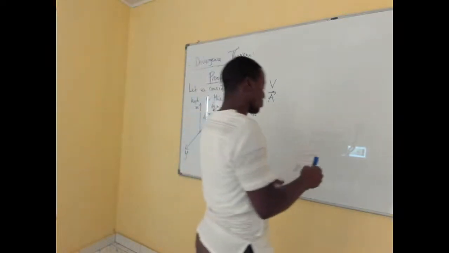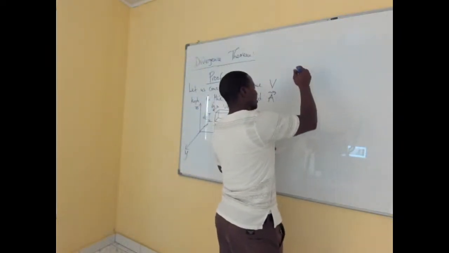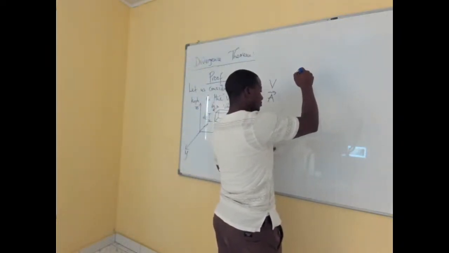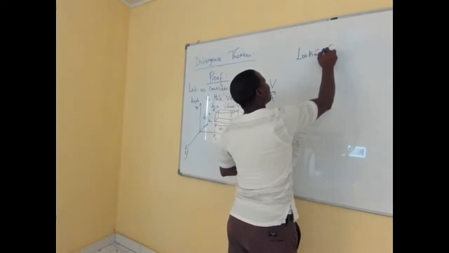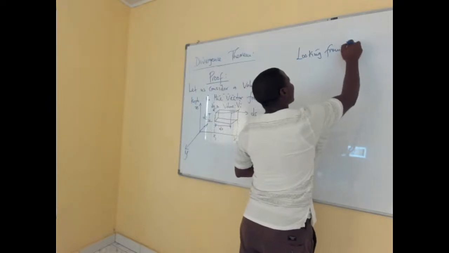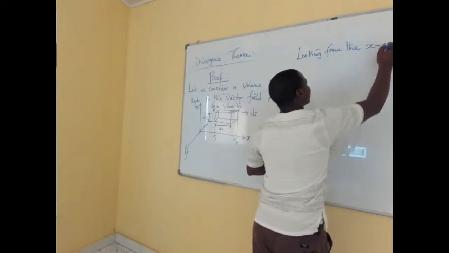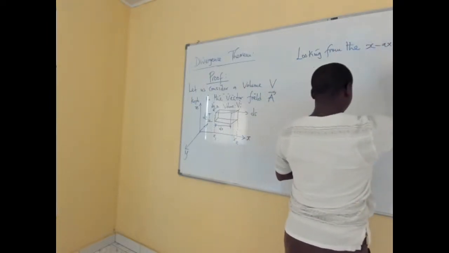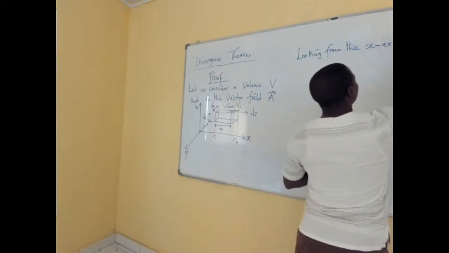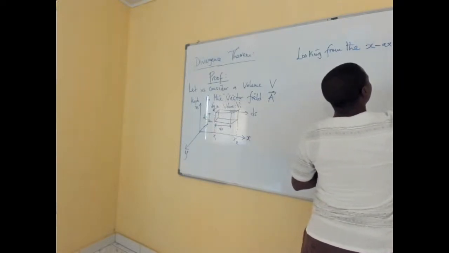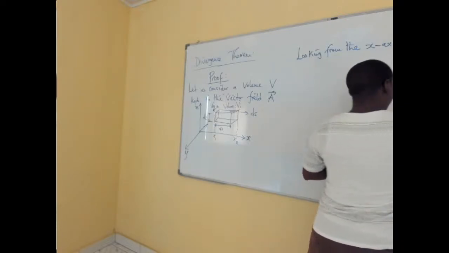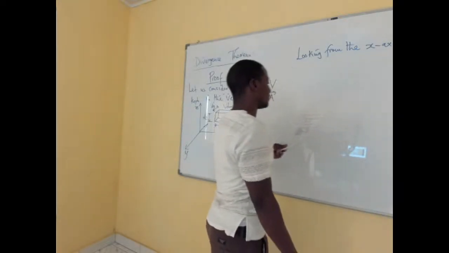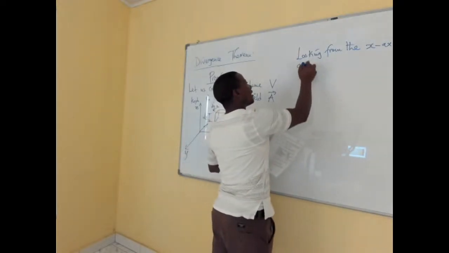So what do we do? The first thing is, looking from the x direction, the x-axis, we have a small area.